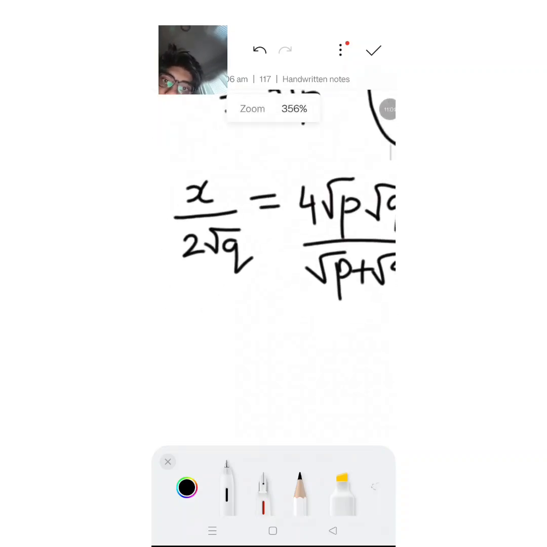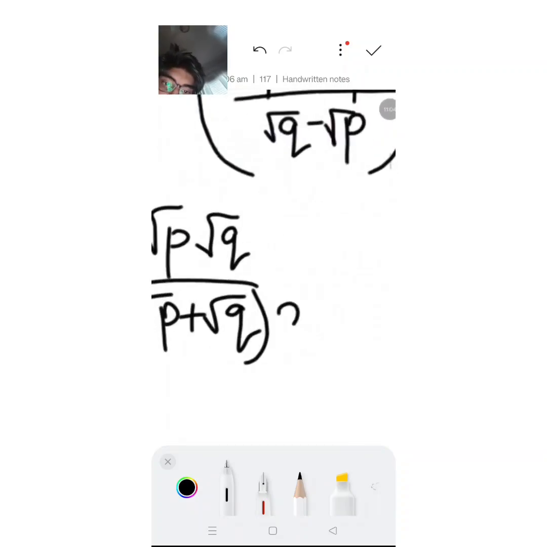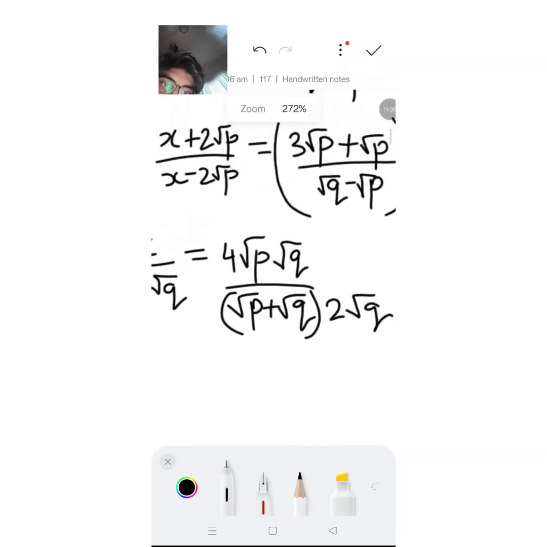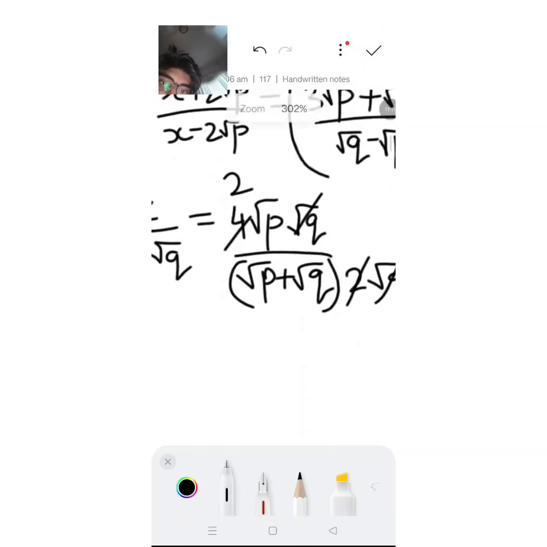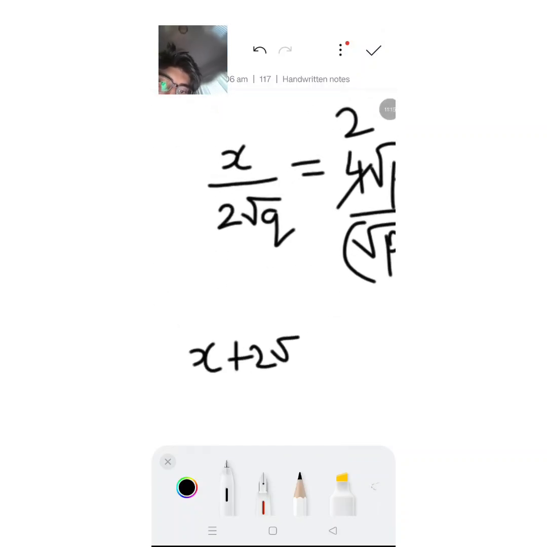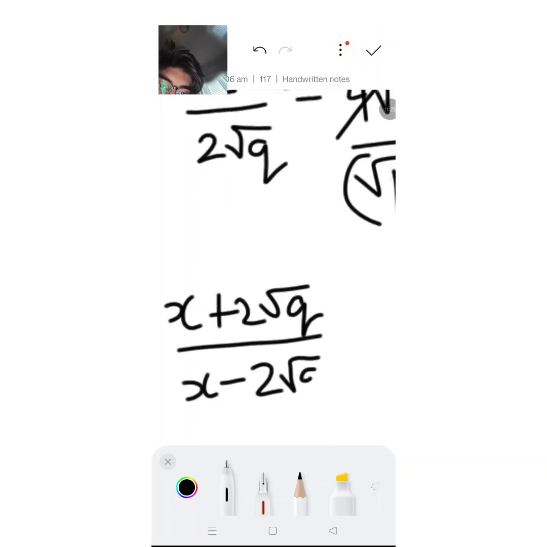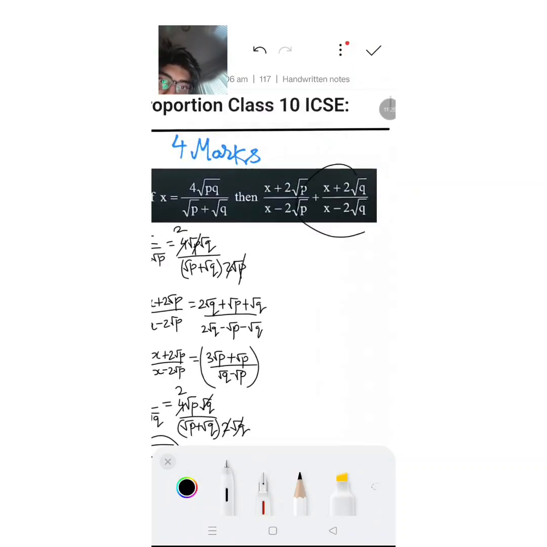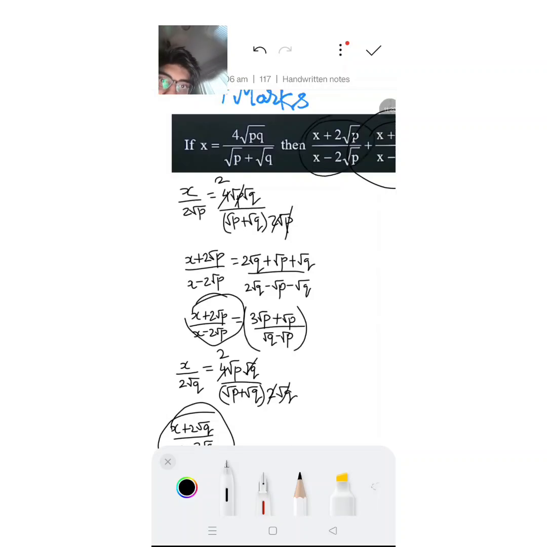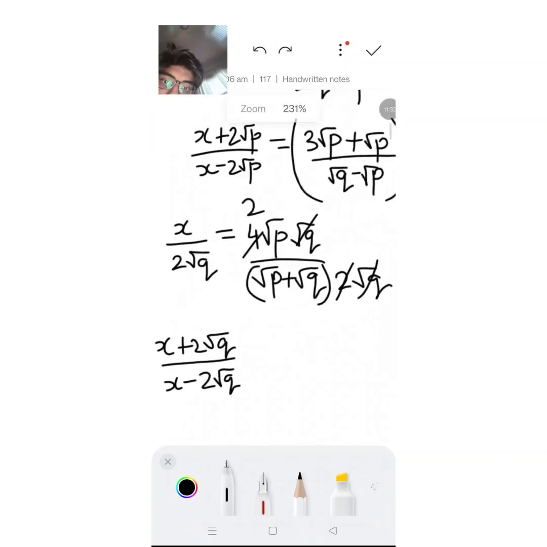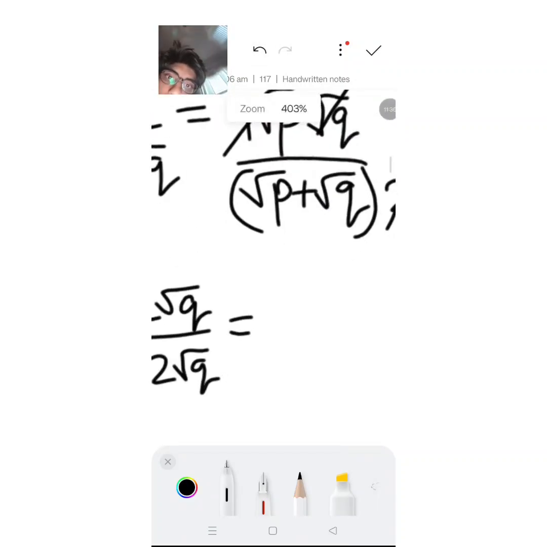Now again, just apply the trick. But sorry, you've also forgotten to divide this, right? So you do that as well. This goes here twice and this cancels off. Now again, using componendo-dividendo, this is (x plus 2 root q) over (x minus 2 root q), because this is what has been given here, and this is what has been given here. That's the reason I'm doing this in the first place. I also want you to understand why I'm doing this rather than how I'm doing this.